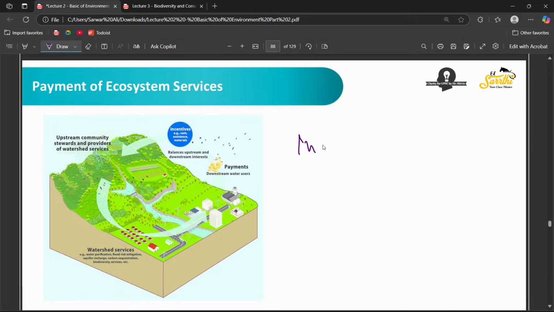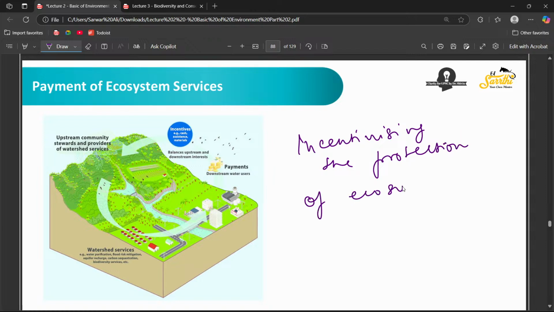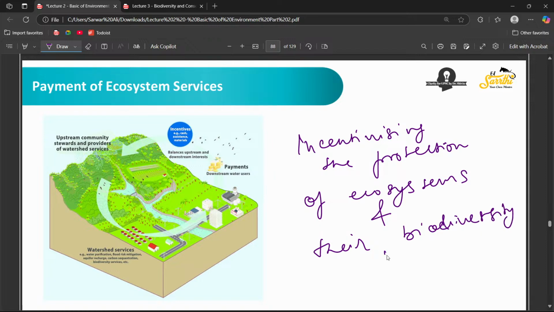Basically, we are incentivizing the protection of ecosystems and their biodiversity by simply putting money.